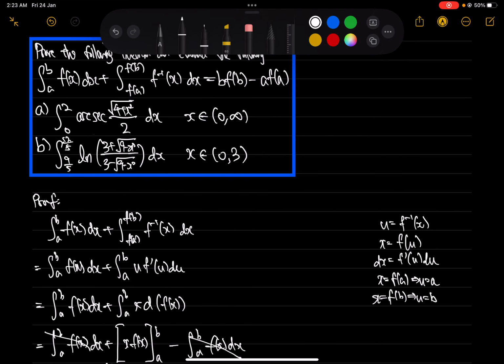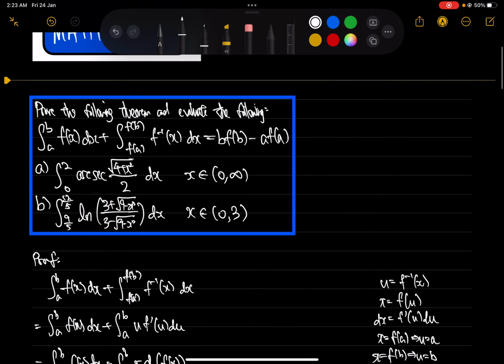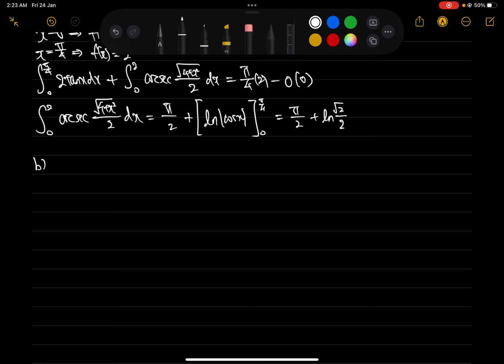The second one is more complicated, but it's literally the same thing. So let's prove something to y'all so it's clearer. That's just this thing.